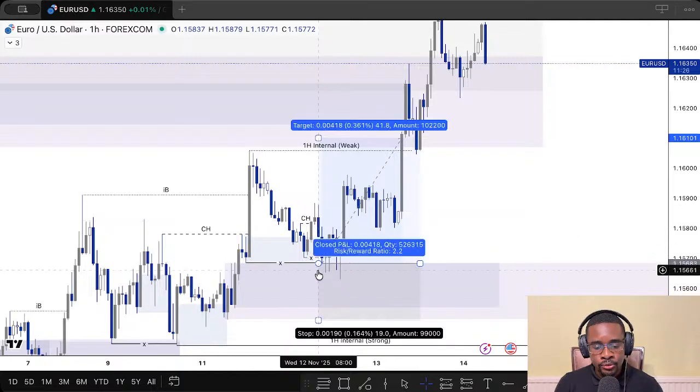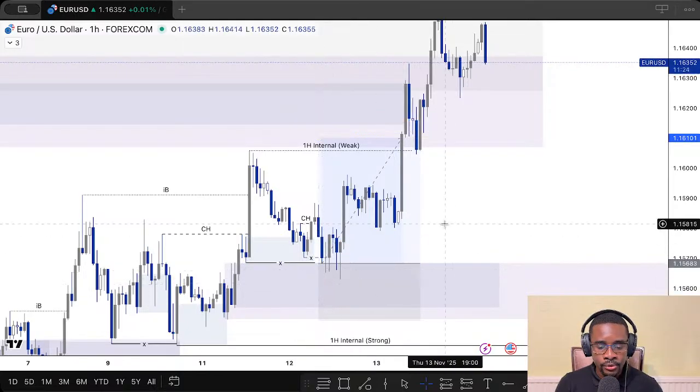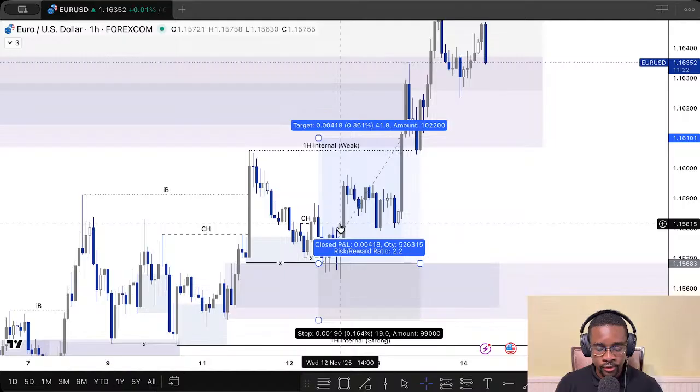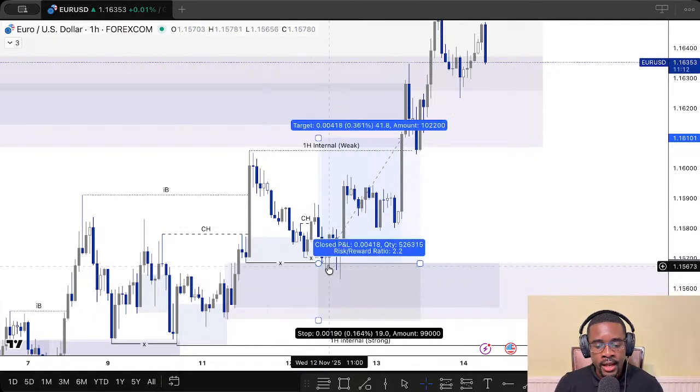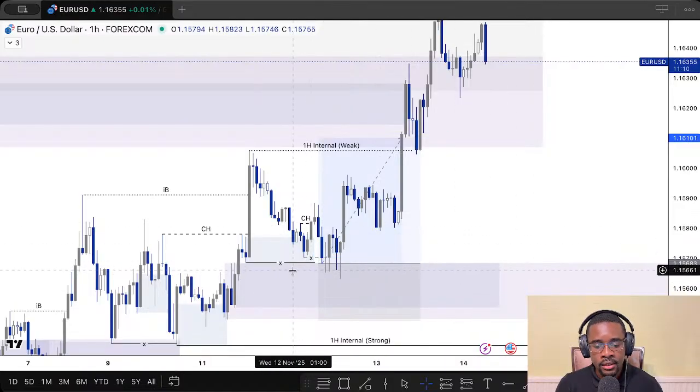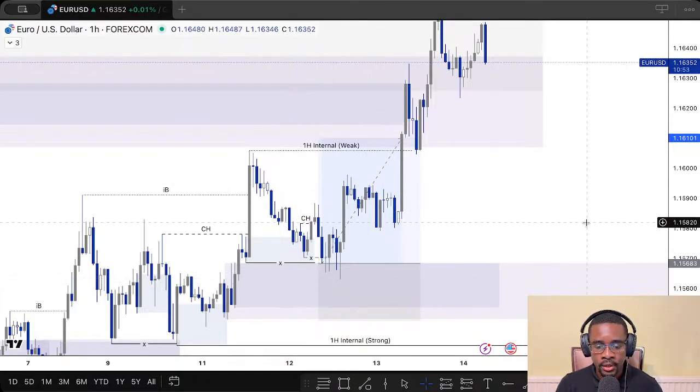Then we'll have a move where the price seems to go in our favor, and we have to wait for that newly created low to also be run over. I've noticed that usually when that happens, it's after that second run that price will then really take off. As we can see, as soon as we took out this newly created low within the 1-hour demand, price really just shot off and never came back.